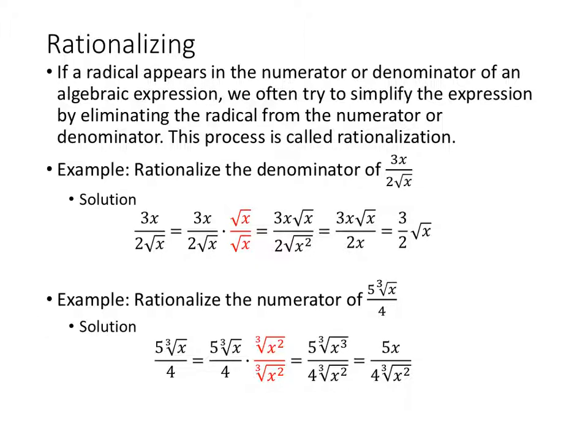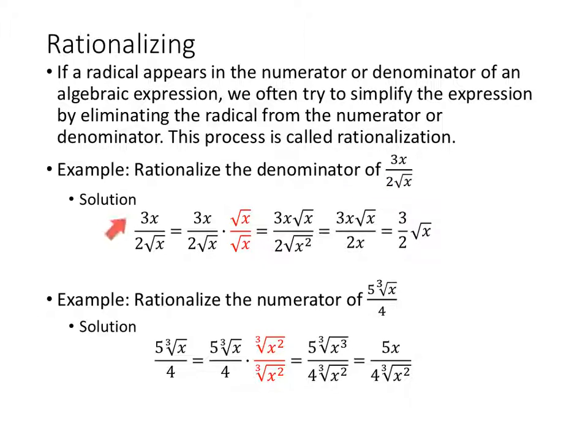So let's look at a couple of more simplistic examples. We'll have more complicated ones in part 2 of our pre-cal review. If I take 3x over 2 square root of x and I want to rationalize the denominator, that means I want to multiply appropriately so the denominator no longer has a radical.